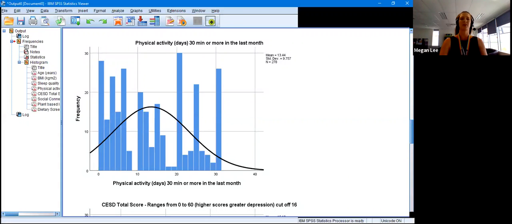I go walking each morning, and someone else could be doing weight training for 30 minutes or more, or running. So it's not an amazing measure of physical activity, but enough for us to see who's active and who's not.